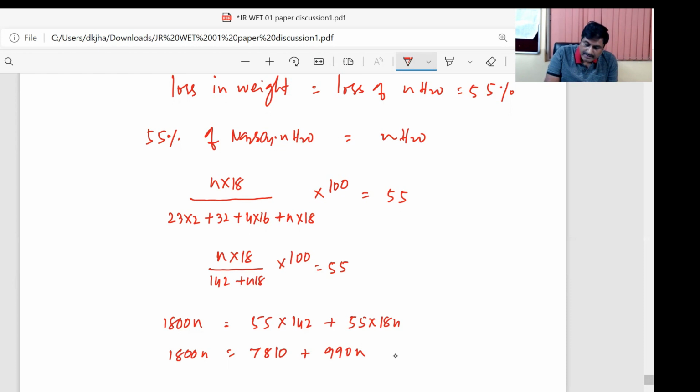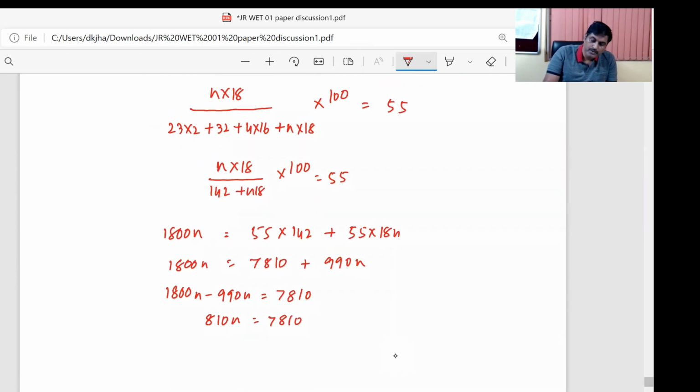So we write here 1800n minus 990n is equal to 7810. So 1800 minus 990, we are getting 810n is equal to 7810. So n is equal to 7810 divided by 810.